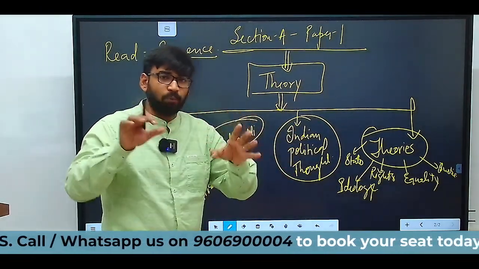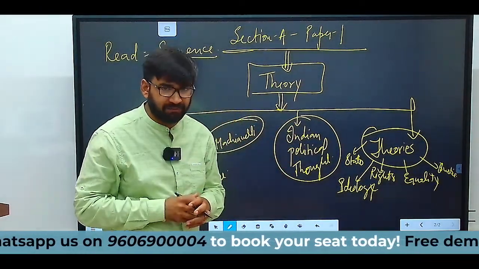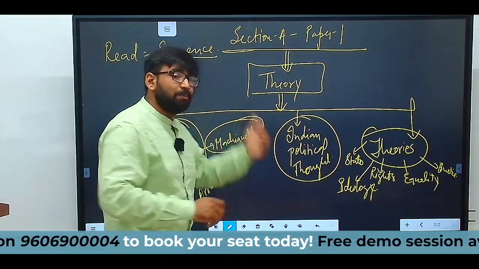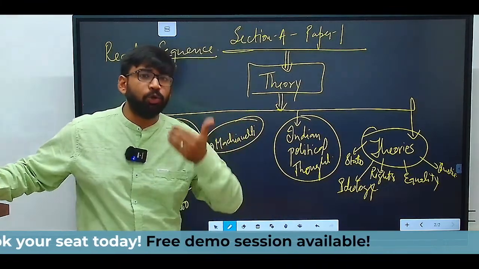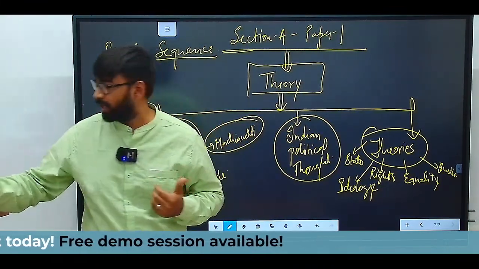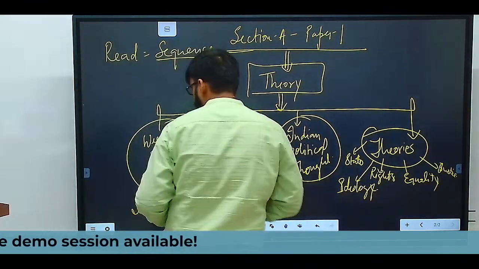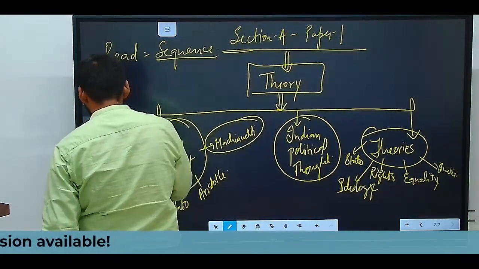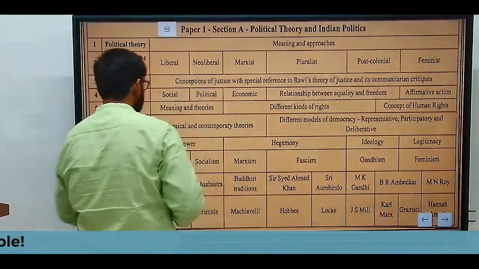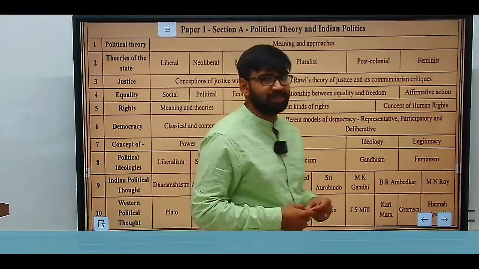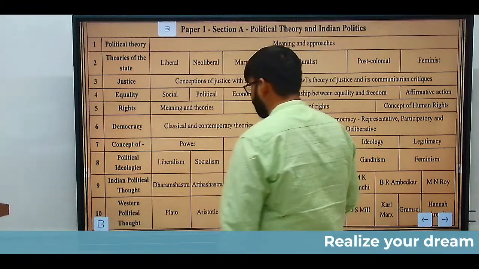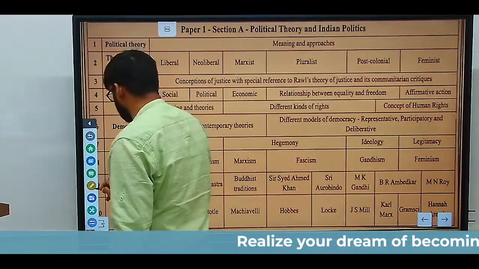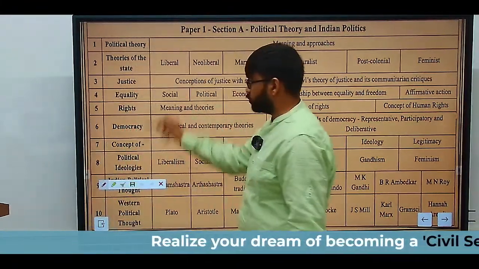Now I am going to show you the syllabus first, then I'll be explaining the important topics with respect to your examination. As you can see here, the syllabus, paper 1, section A. You can see these topics also.